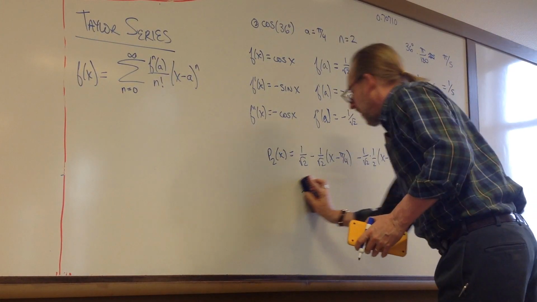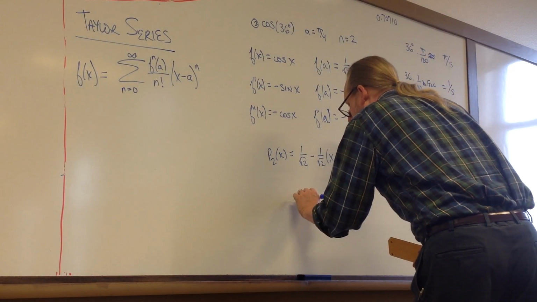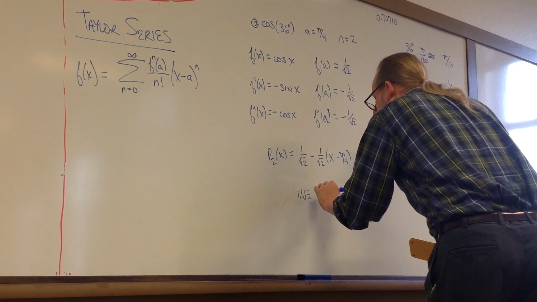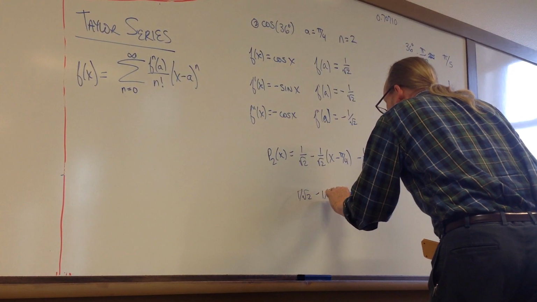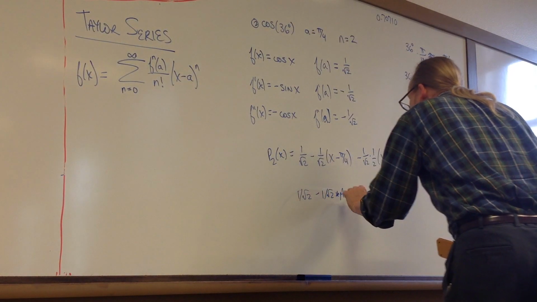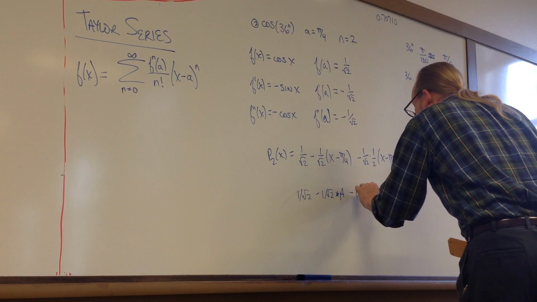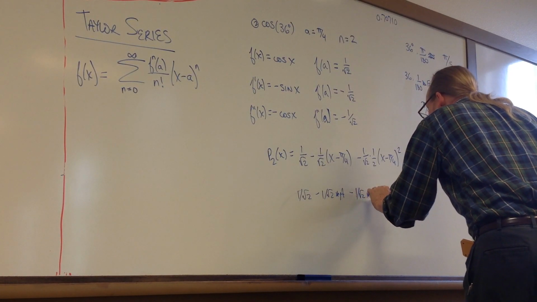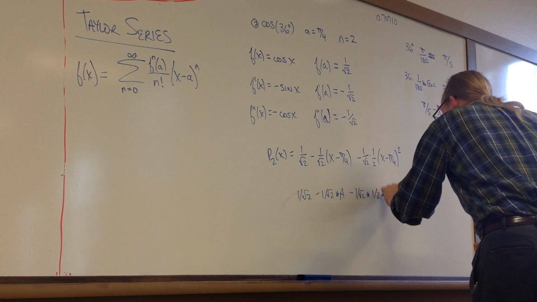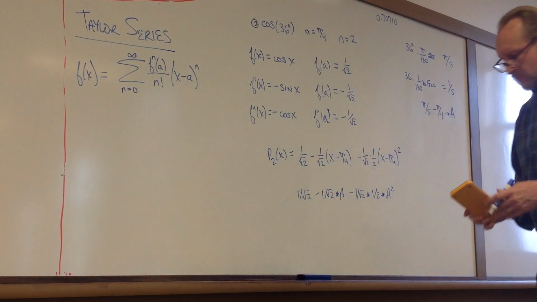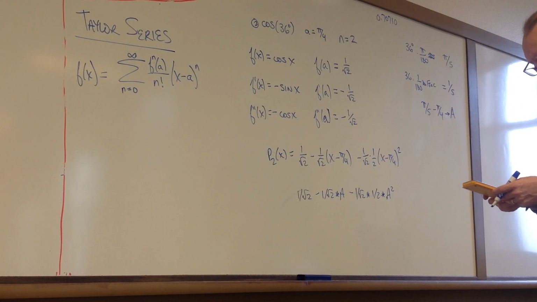1 over root 2 minus 1 over root 2 times a minus 1 over root 2 times a half times a squared. Okay, so let's see what we get here.